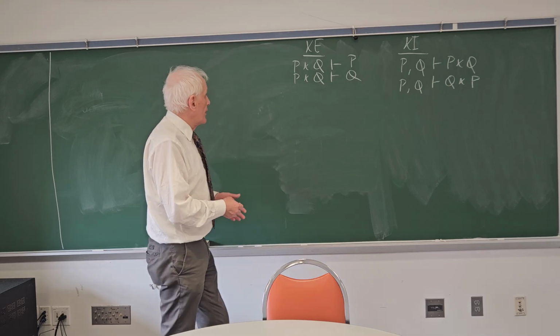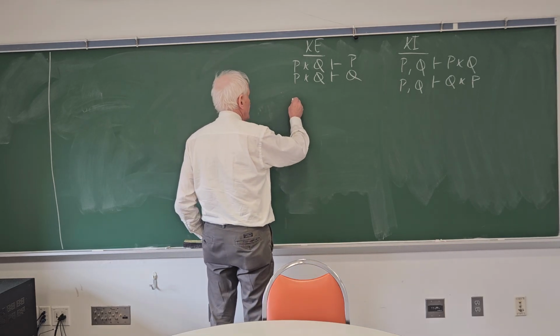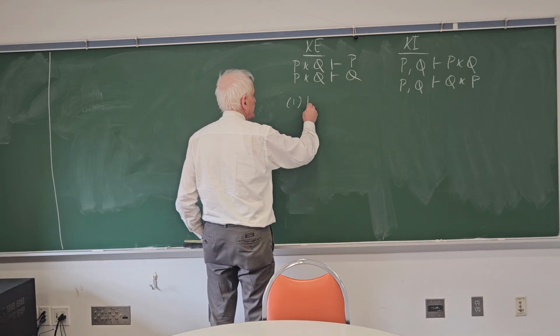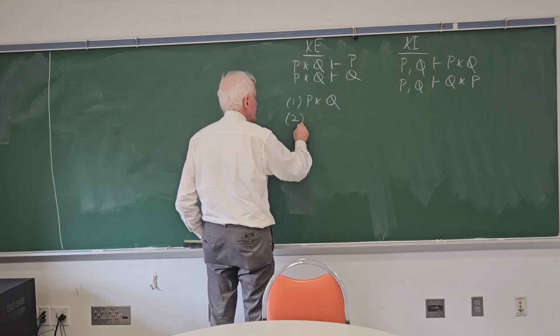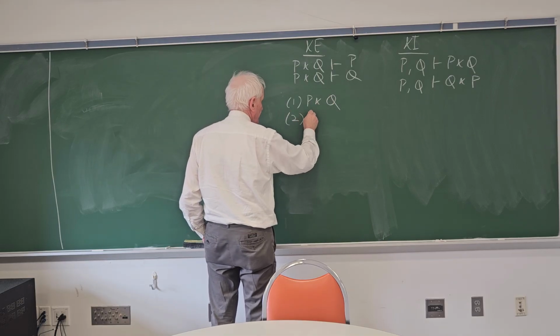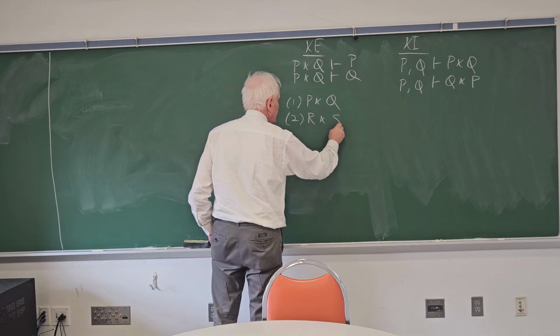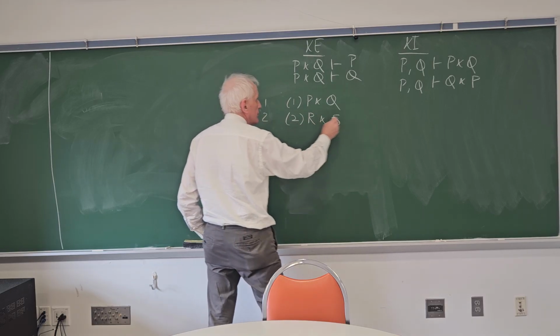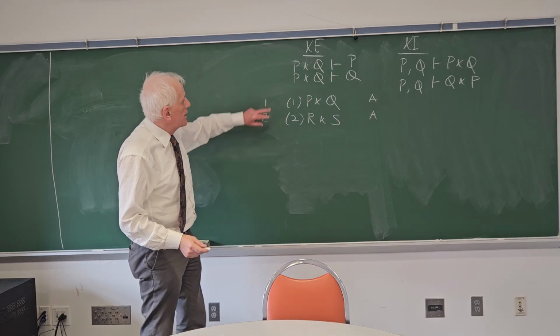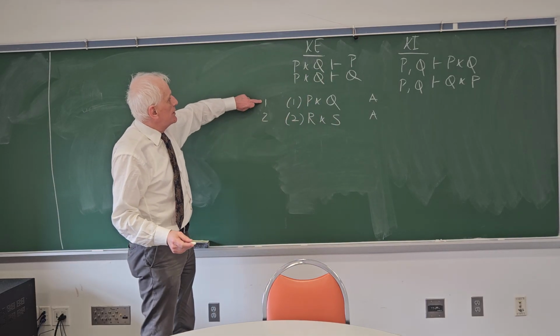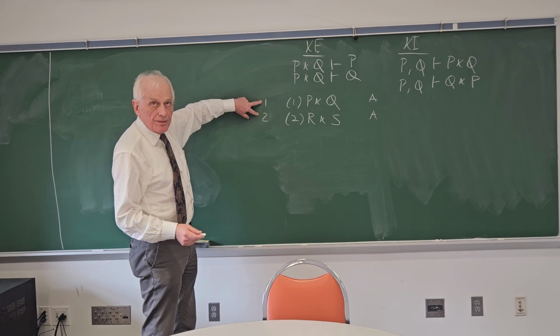So suppose we had a proof. We have two conjunctions as our premises. So we assume our premises, and these are the line numbers. This is the assumption set.